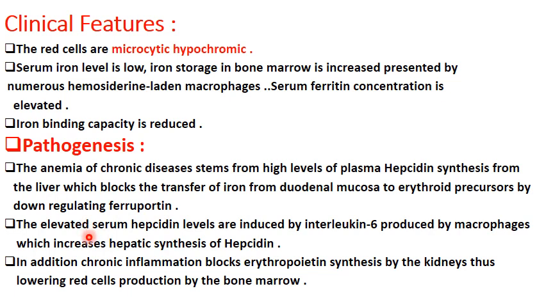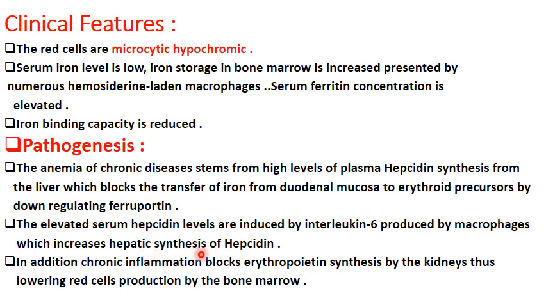The elevated hepcidin level is induced by interleukin 6, which is produced by the macrophages during inflammation, especially chronic inflammation, and which increases the hepatic synthesis of hepcidin.